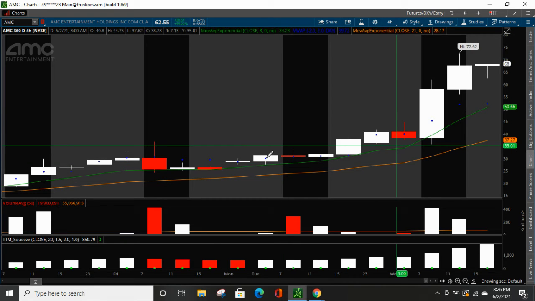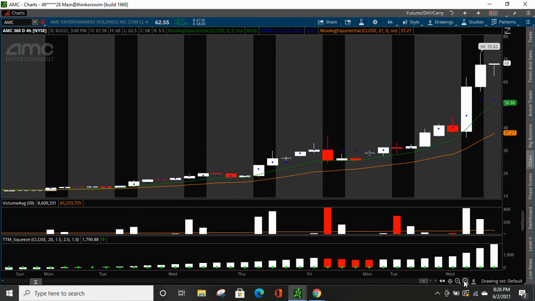On the 4-hour chart, once AMC had that strong move, you essentially could have gotten in right here. This was on the 25th of May, and you can see the strong move it had. You could have just rolled that all the way up from there, and then gotten out once there was a close below there, or once it reached a certain ATR level.